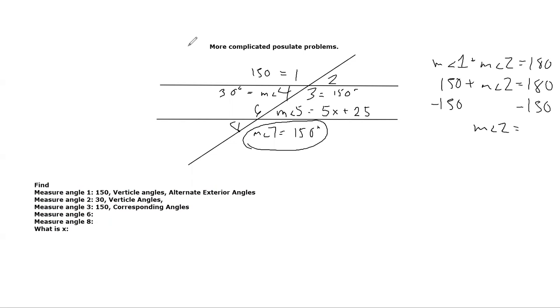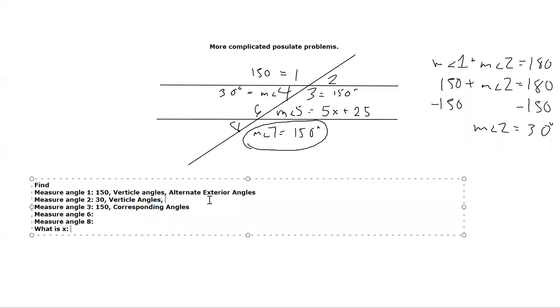Measure angle 2 is, hey, look at that, it's 30. Kind of like the vertical angles we figured out, right? I hope so. I'm just going to write addition postulate, right? I can also write that they're supplementary angles.